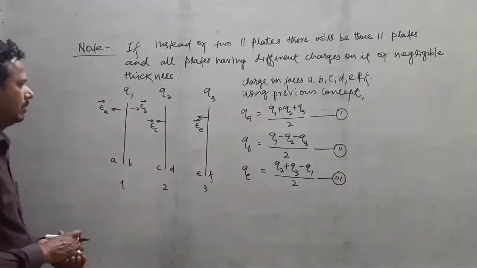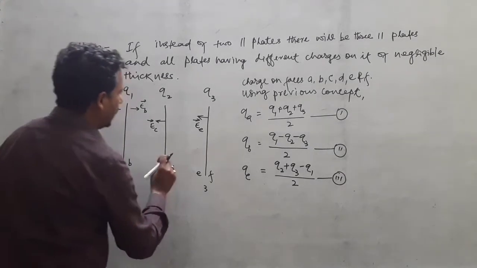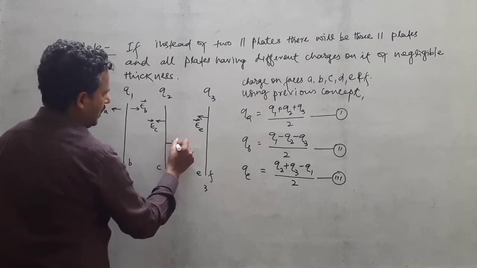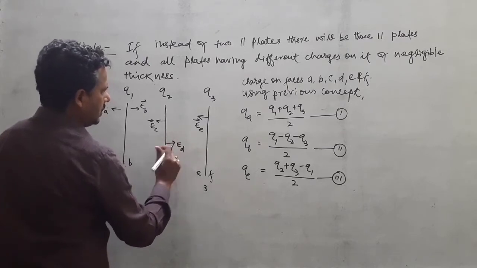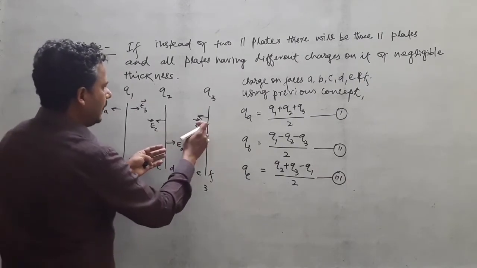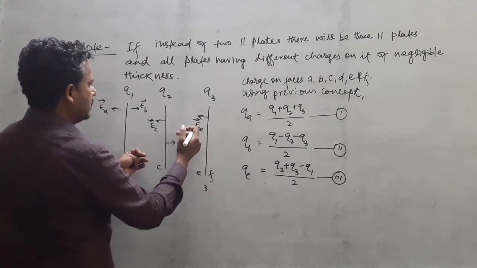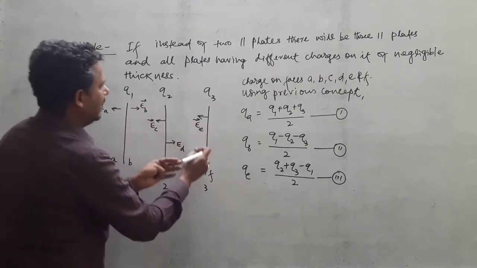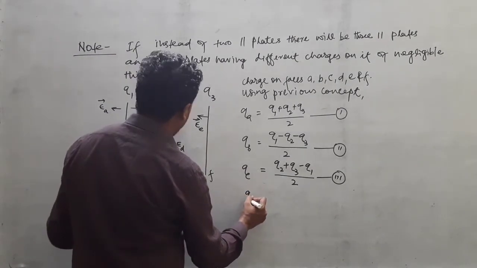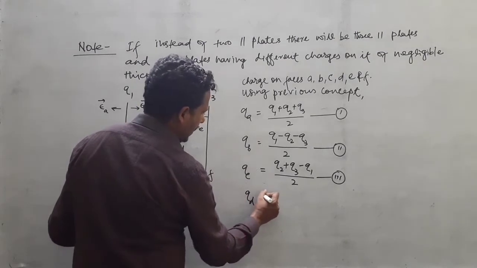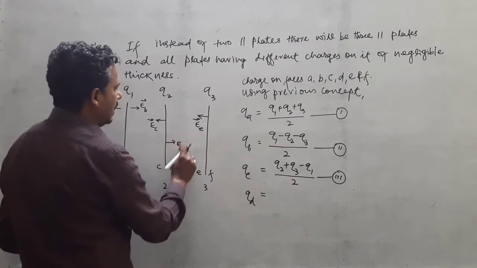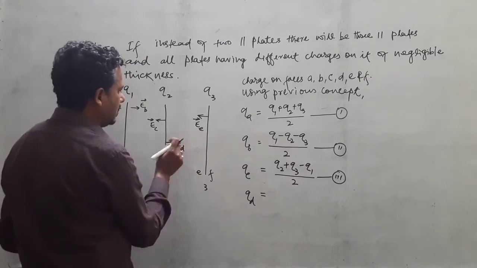Okay, now again you want to find D. Due to charge Q2, your ED is in the right direction. Except, see, EE is in the left direction and EB is in the right direction. So here you want to find the charge on face D, so you have to take the charge in the direction of the electric field on this face as positive.